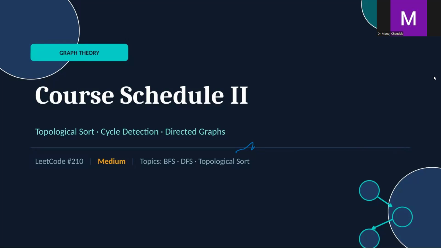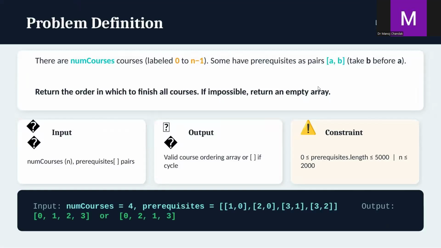The basic idea of this problem is there is a set of courses which the student is supposed to take to get the degree awarded, and for every course there is a prerequisite which needs to be completed before the course is to be taken.